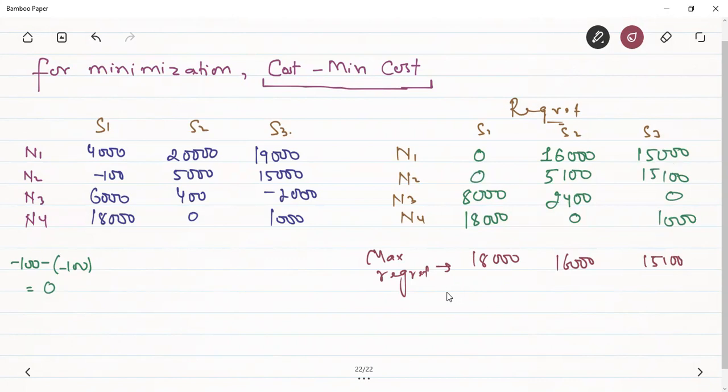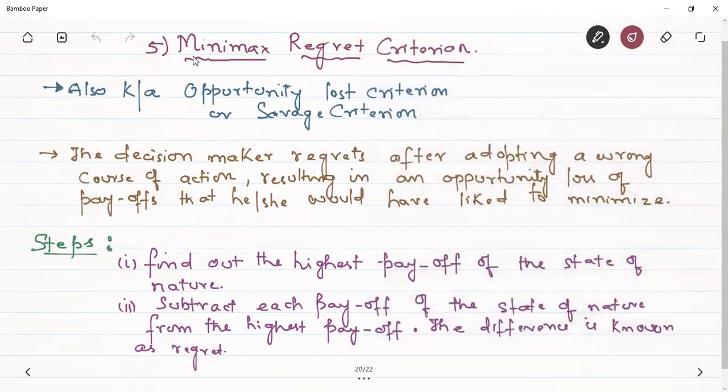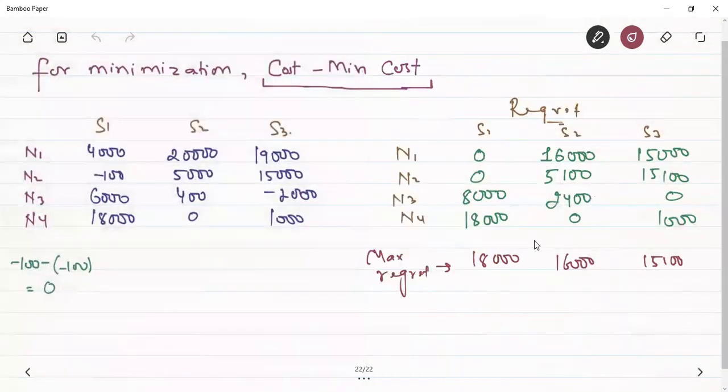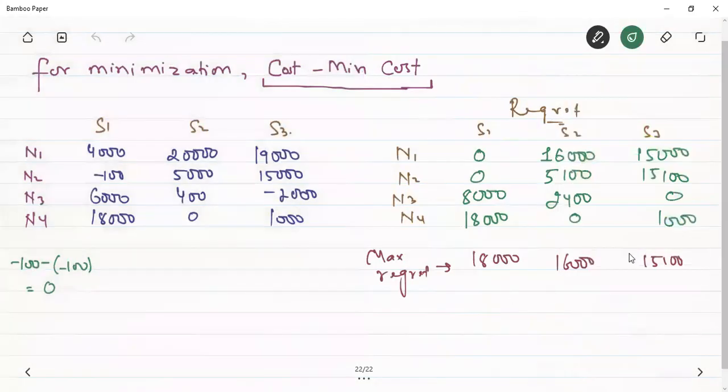Among them we select by the minimax criteria, which will remain intact irrespective of whether it is a maximization problem or a minimization problem. Minimax means out of the maximums we have to select the minimum. Out of these maximums, the minimum is 15,100, and this corresponds to S3. Therefore, this is S3.